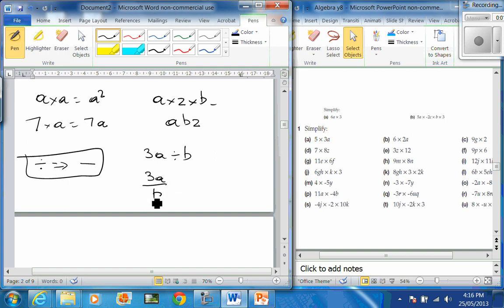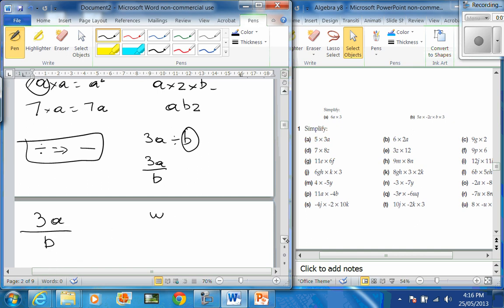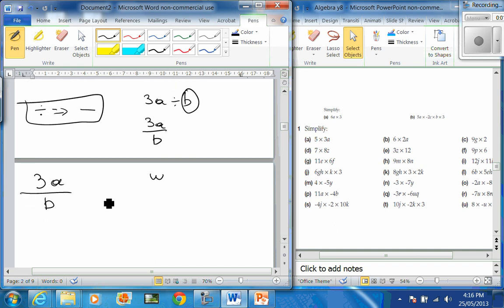I have also learned that this is called a variable, and this is also a variable because it varies and can have different values. So if I write 3a over b and I need to evaluate this expression, I don't know the value, because I don't know either the value of a or the value of b.